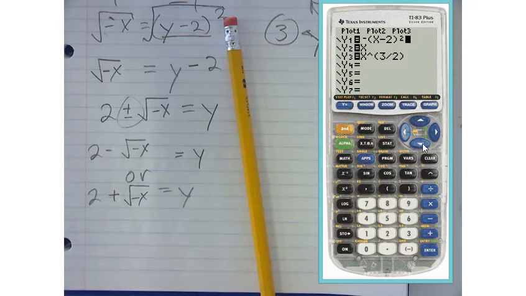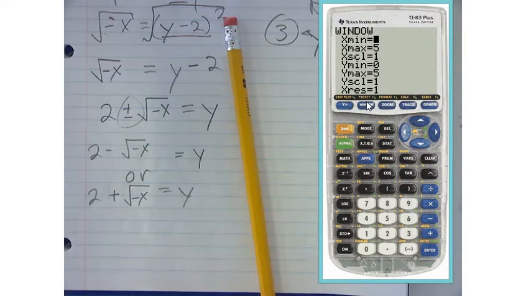And then I'm going to come down here and clear this out. And we said we're looking at x less than or equal to 2. So I'm going to come in my window here and make this like negative 5, and then I'll make my x max 2. Now let's just see what we get. Let's graph it.